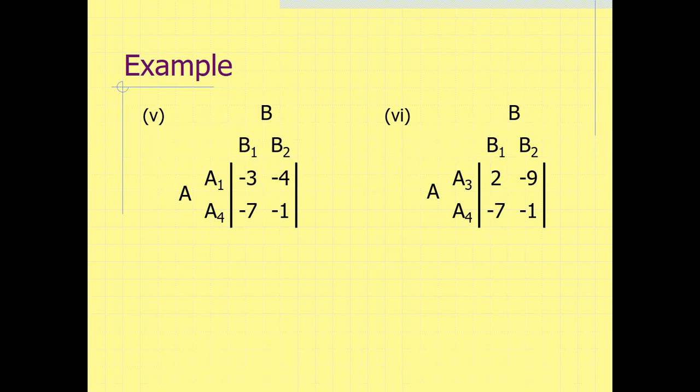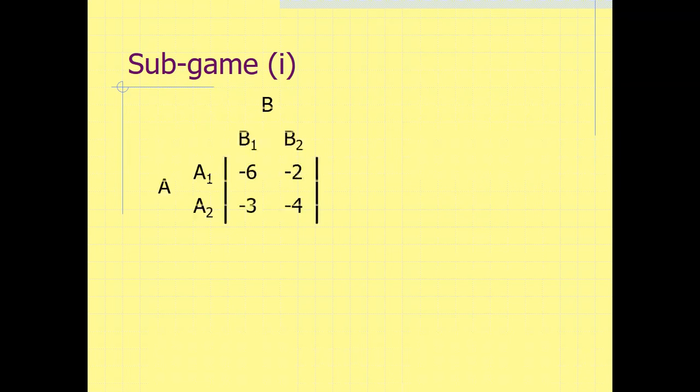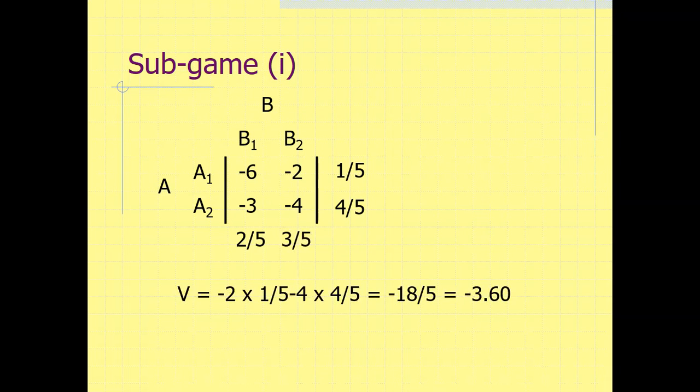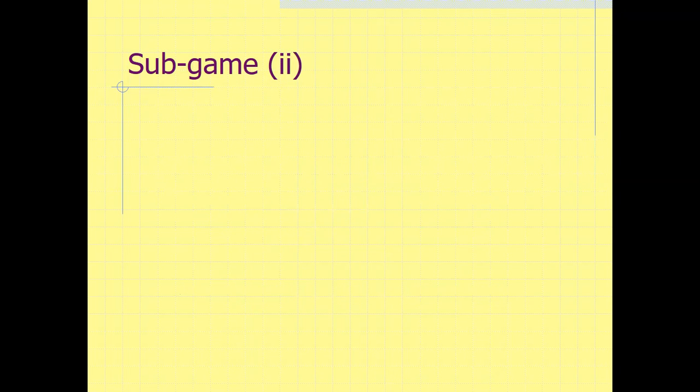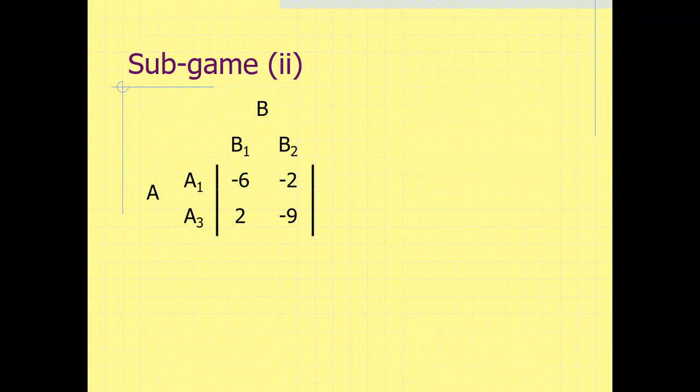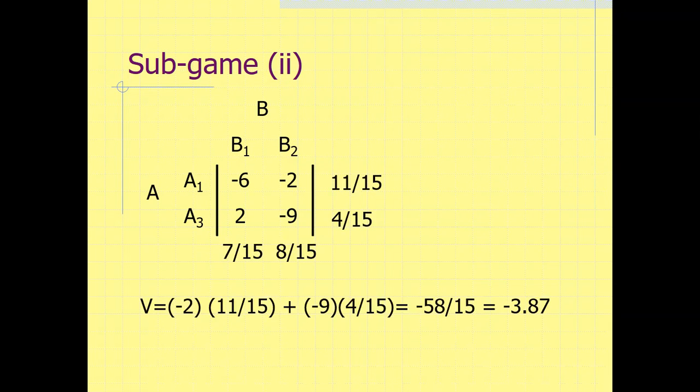Now we solve the 6 subgames by pure strategy, or in the absence of a saddle point by the mixed strategy shortcut method. Solving subgame 1, we get these values. Now solving subgame 2, we get these values.